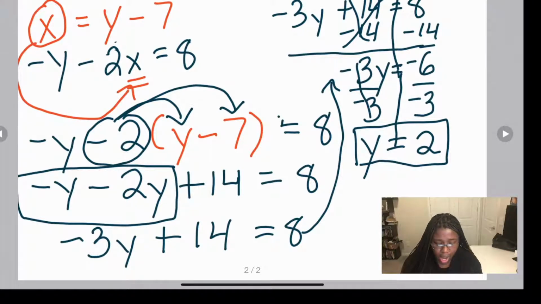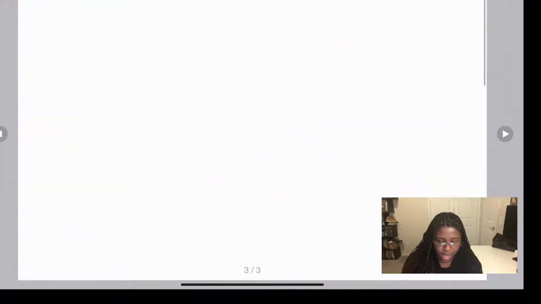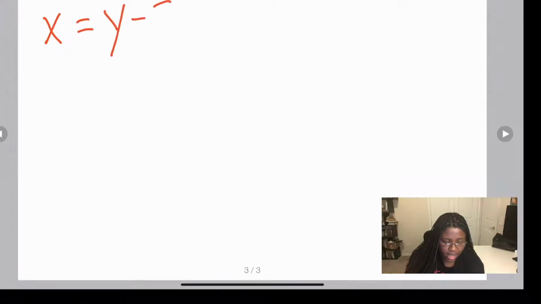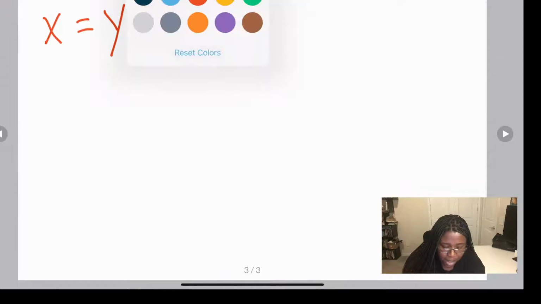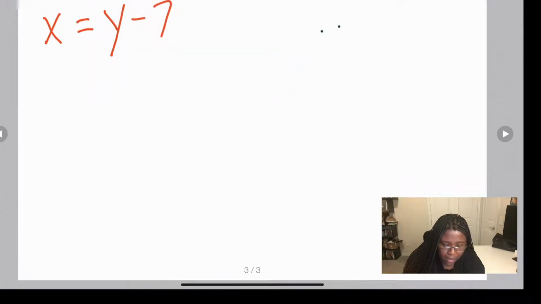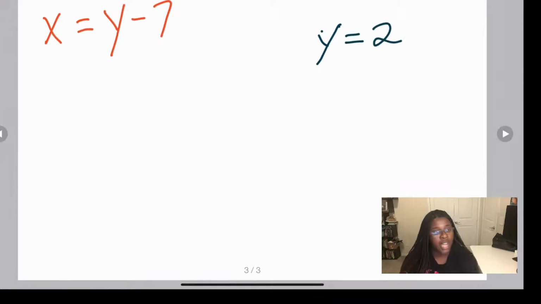So I'm going to go ahead and create a new sheet here, but I'm going to keep the x equals y minus 7 consistent because we're still going to use that. But I'm going to make sure that we know that the math that we just did on the other side is still relevant because y is still equal to 2. So in this case, we're doing another substitution.